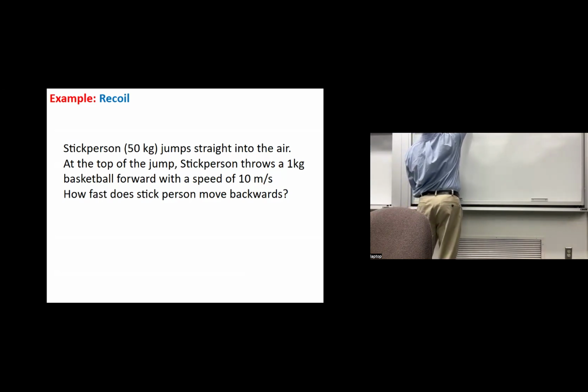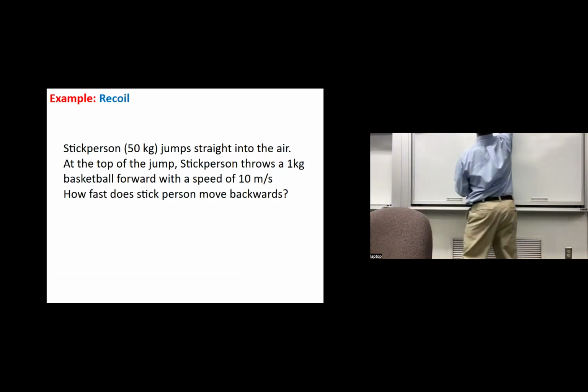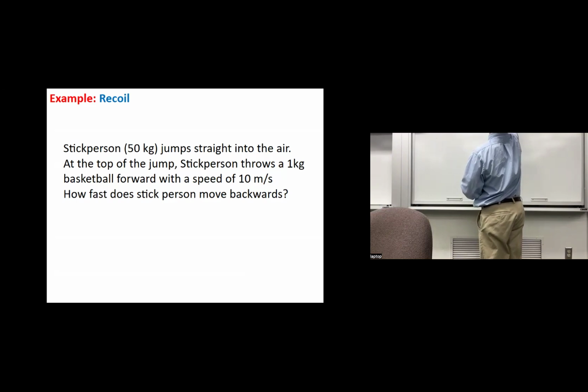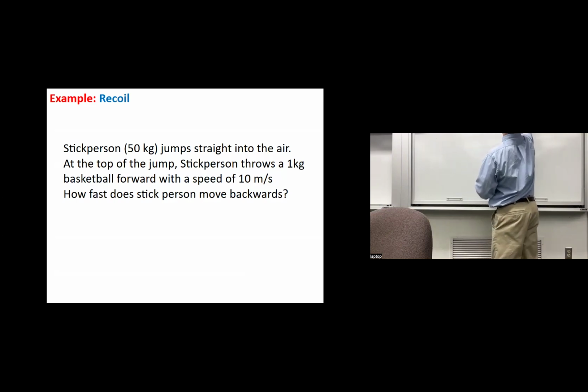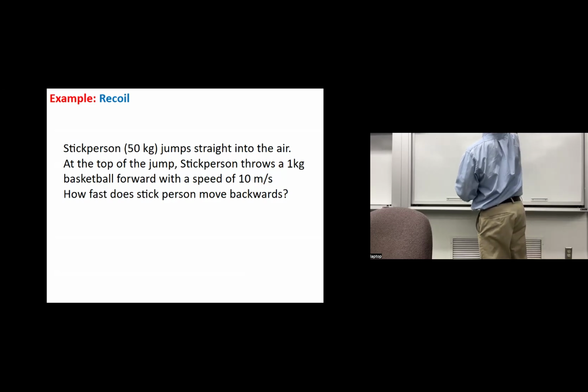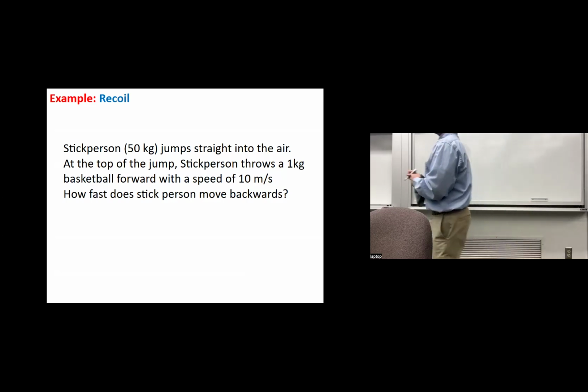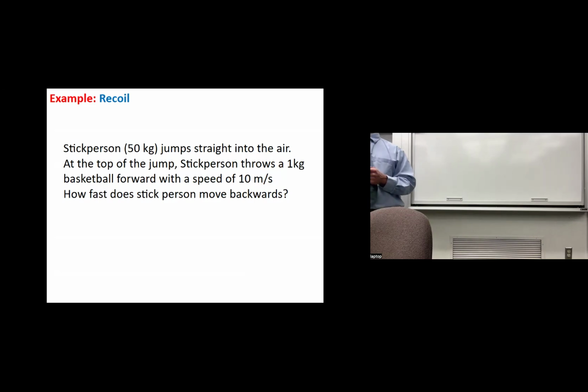So we'll say VB is 0 for the ball. Now there's an event. And after the event, the ball is now moving, they say, at 10 meters per second. And they ask, what is the velocity of the person after? That's what we're trying to figure out.